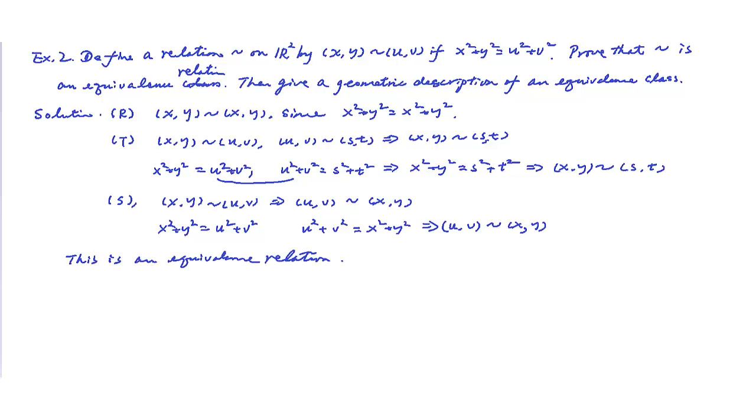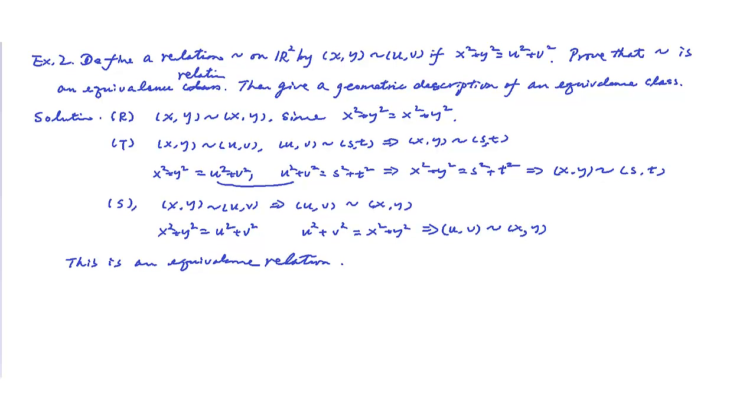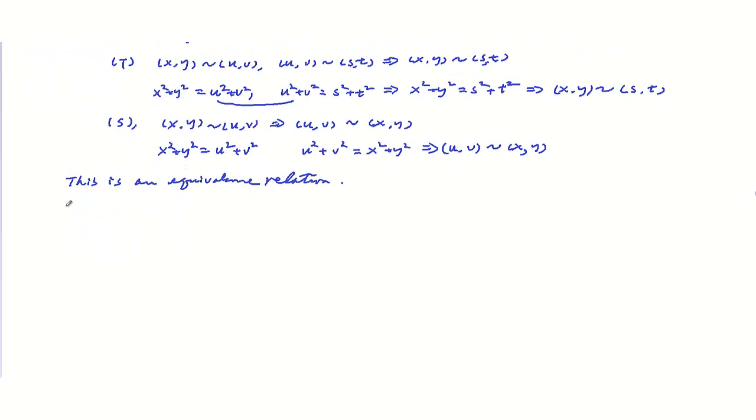Now let's look at what an equivalence class looks like. For that purpose, let's pick a very specific point to illustrate. For example, we pick (3, 4). This is a point in the plane. So the equivalence class of (3, 4), in terms of the definition, will be all (x,y) such that x squared plus y squared equals 3 squared plus 4 squared.